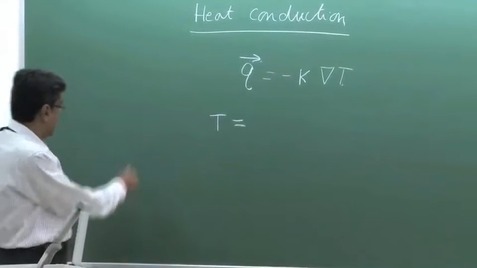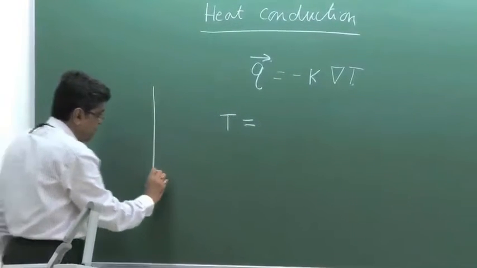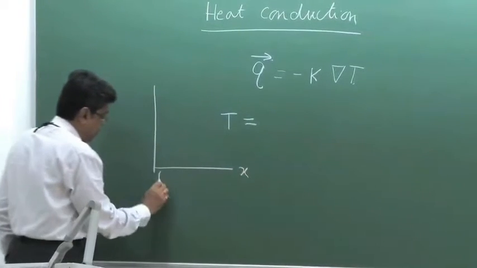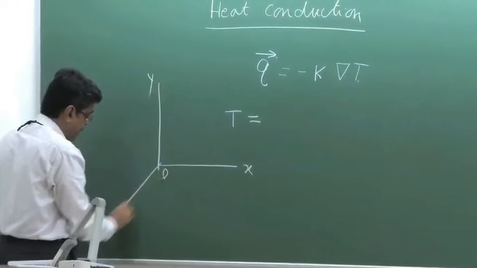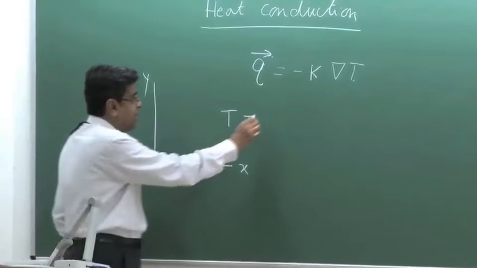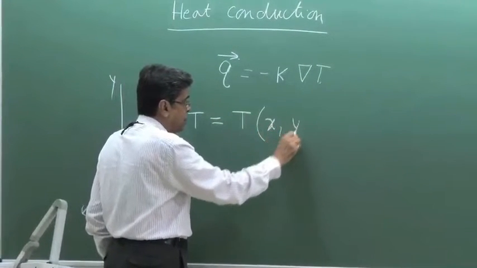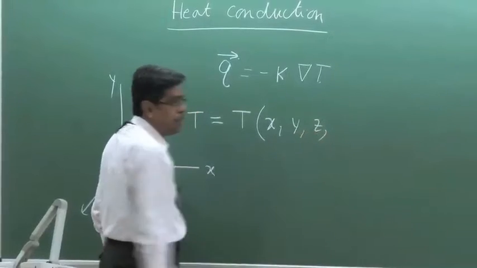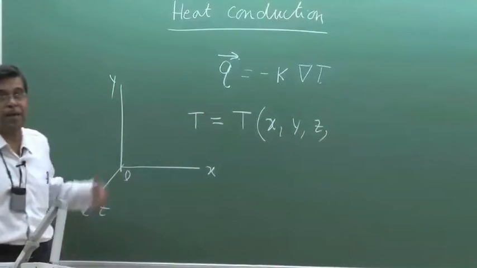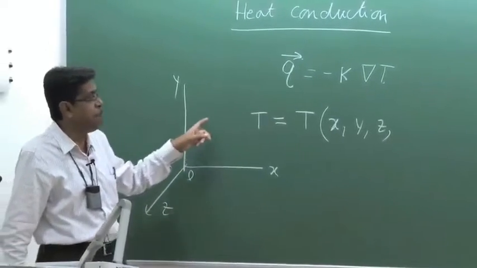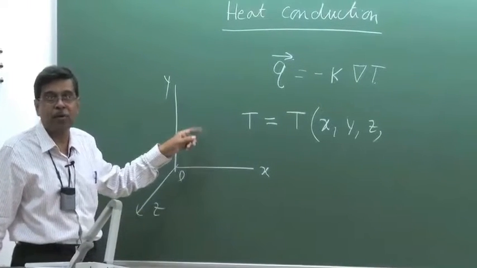If you consider a Cartesian coordinate system x, y, z, simple, then T is mathematically expressed as a function of space coordinates x, y, z, and it can also vary with time. That means at any point the temperature can also vary with time.